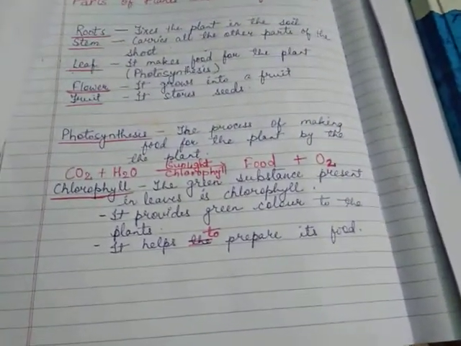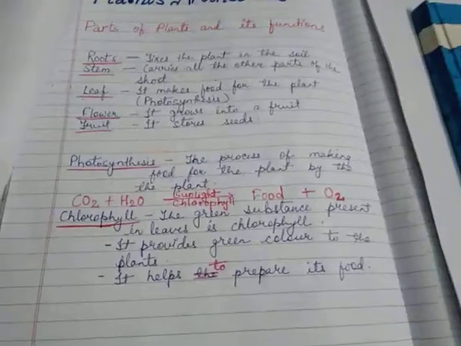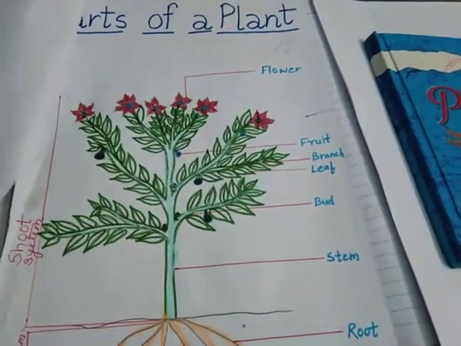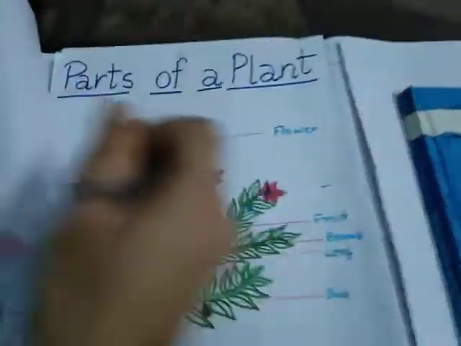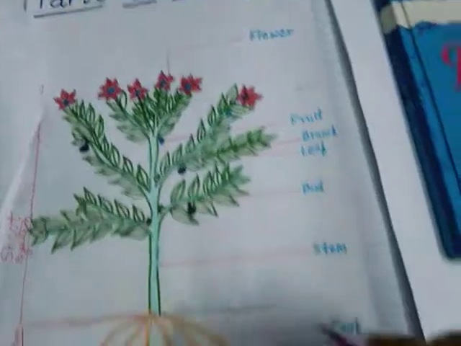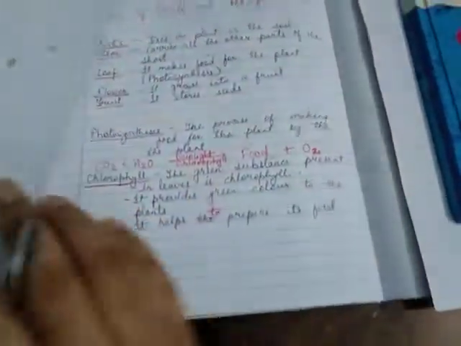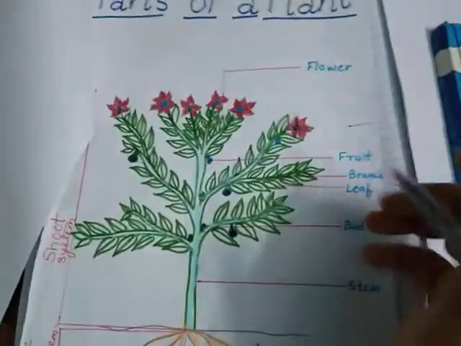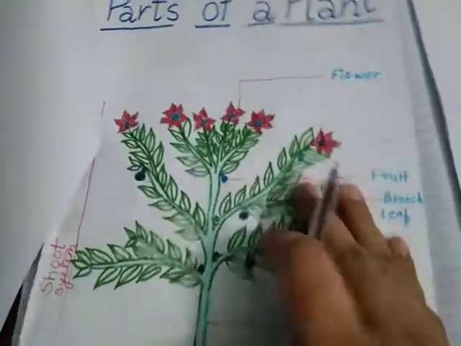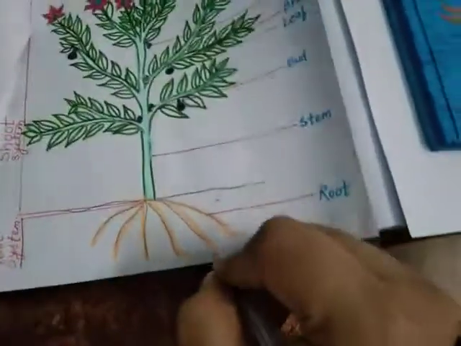Let's have a quick recapitulation of this. Now, parts of a plant. Parts of a plant comprise root, stem, flower, fruit, branches, leaf. This is your root.